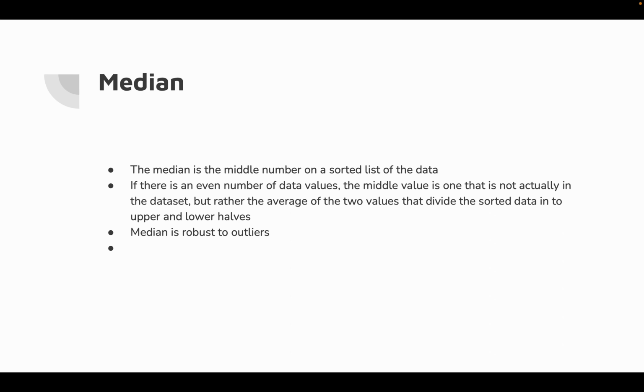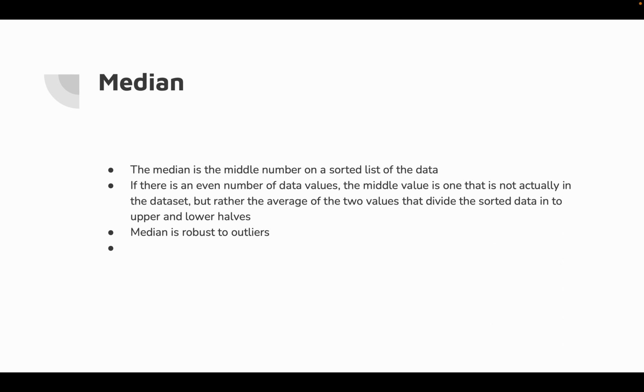That means we will take two values from that list that divide the sorted data into upper and lower halves. So that is how median works with an even number of items. We can do an example so that it will be very clear.